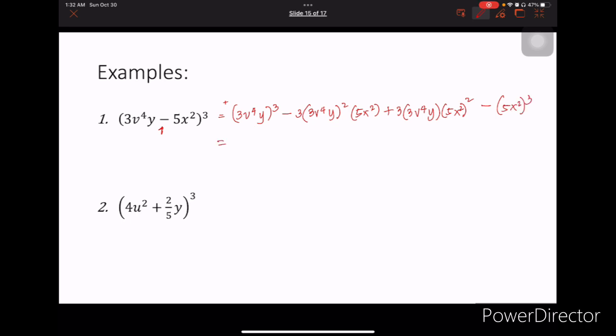So you will have now 3 times 3 times 3, that's 27. v raised to 12, y raised to 3. Minus, that's 3 times 3. I'll just get my calculator one moment, since I need it for these numbers and for the next examples.